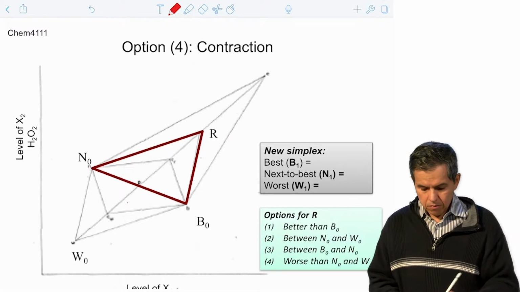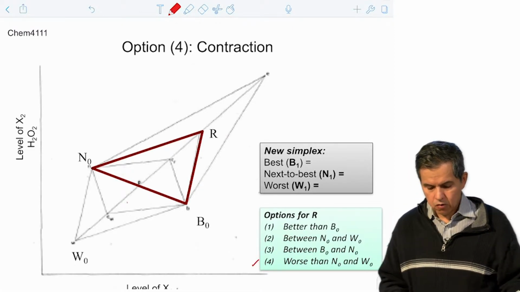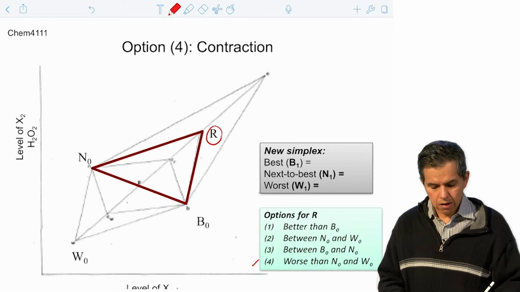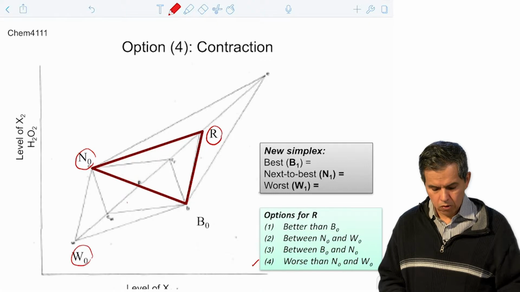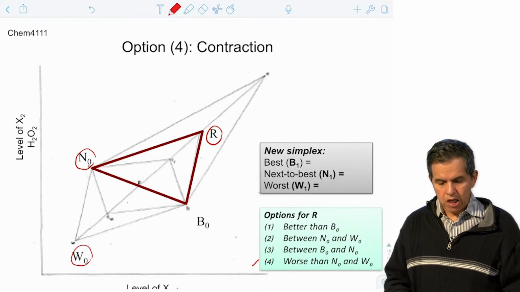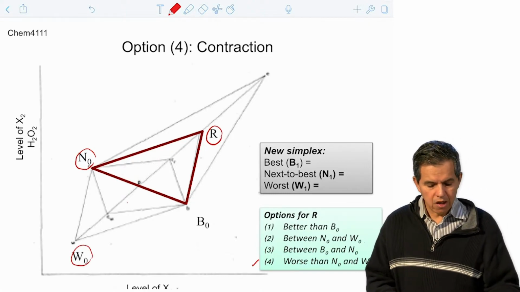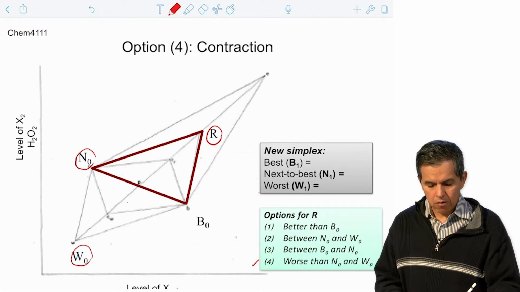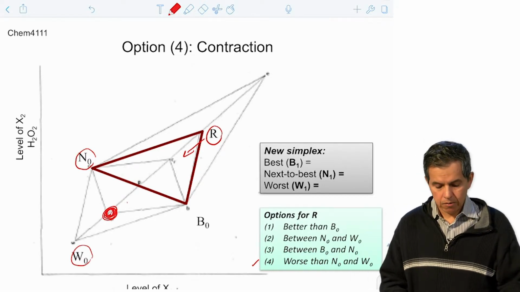The last option, option number 4, is when the value of R is worse than the next to best and the worst. That really means that we have to move away from this value, and we're going to try to go towards the opposite direction.